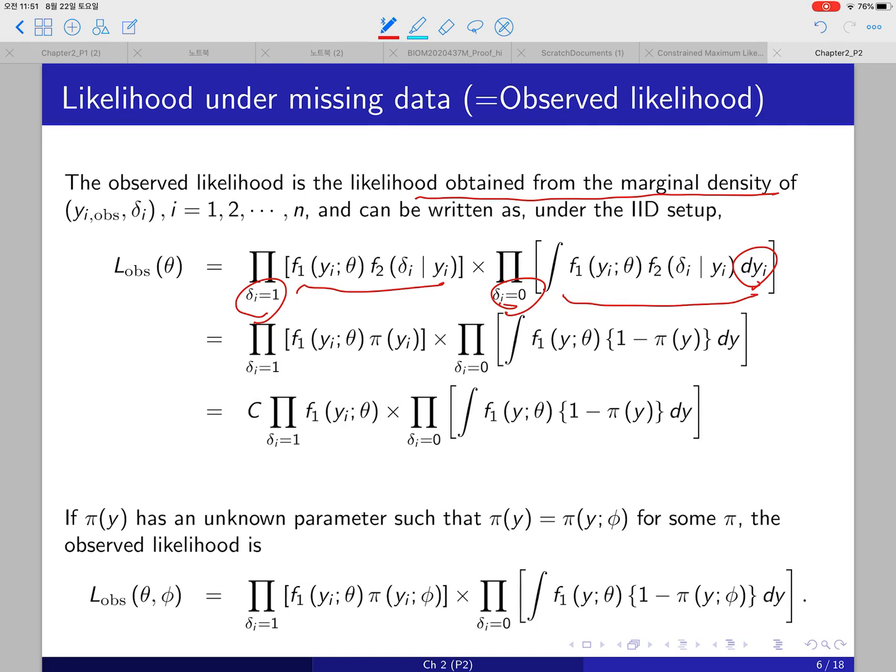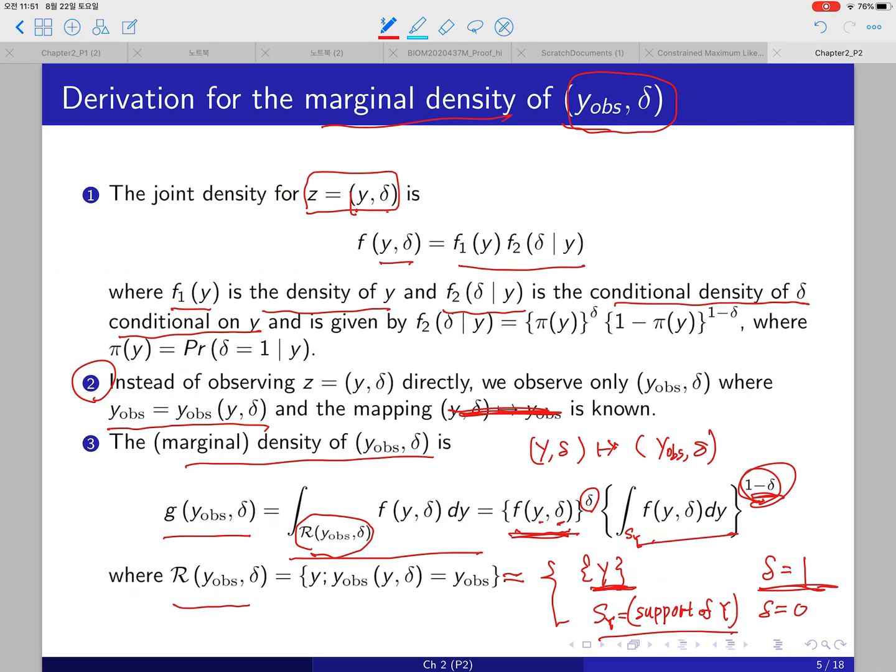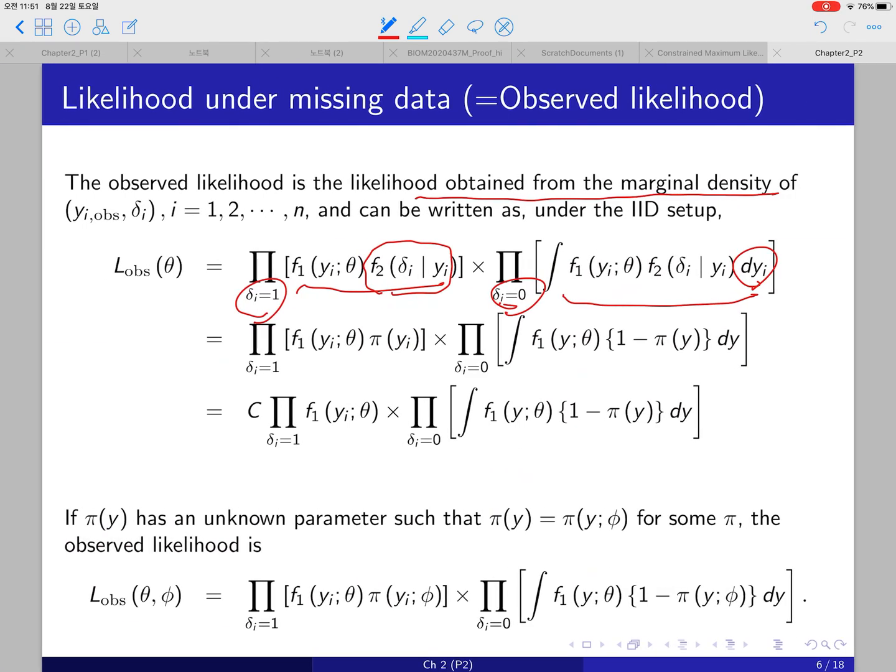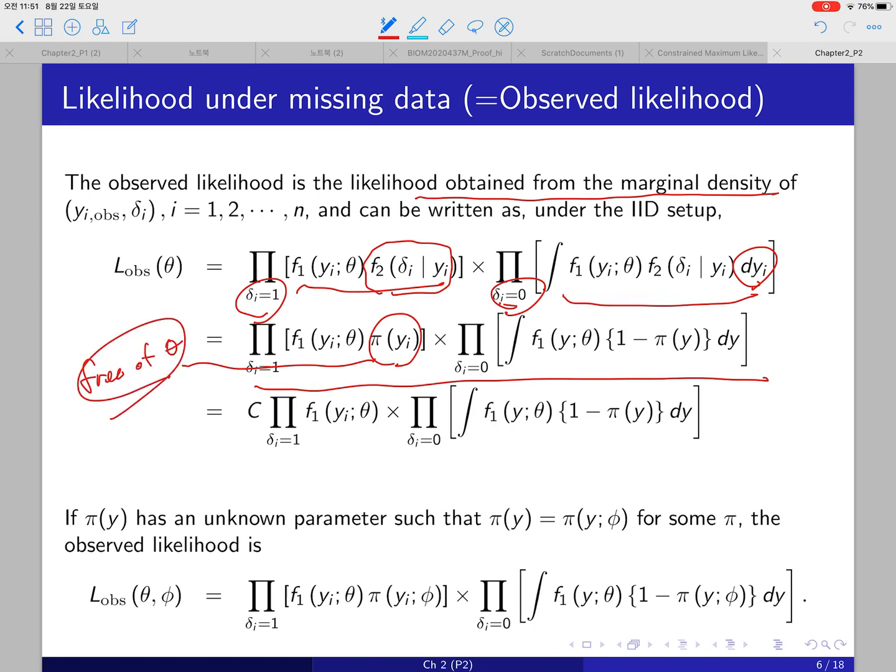And then what is f2? We spell out f2. The f2 is this one. So spelling out f2, we can write it this way, right? So then it turns out that this one is free of zeta, so we can treat it as a constant.